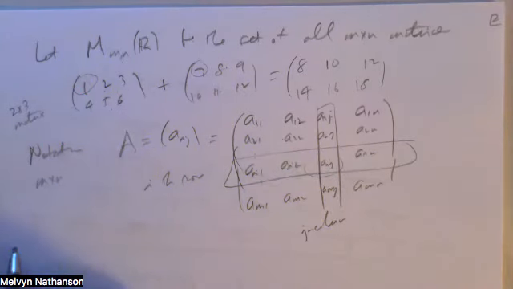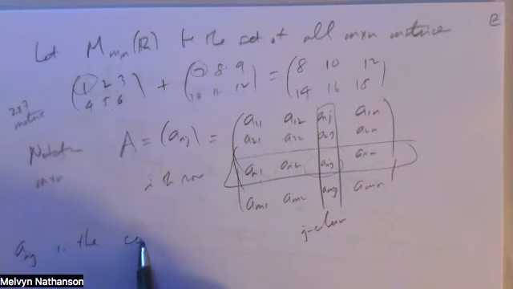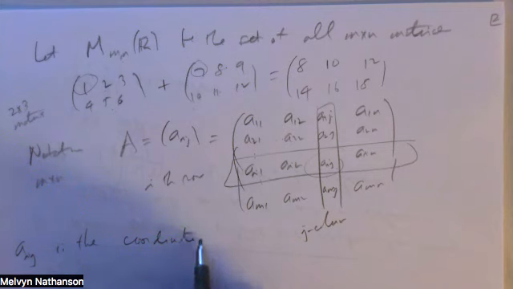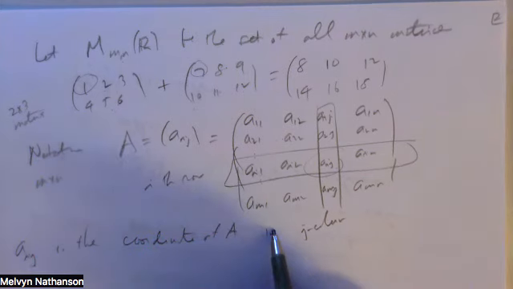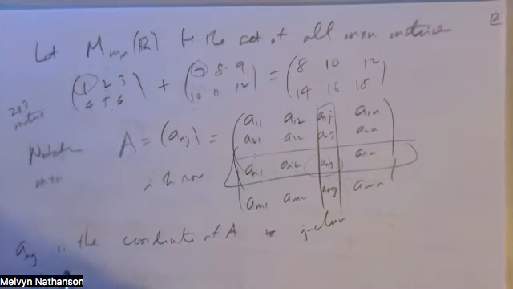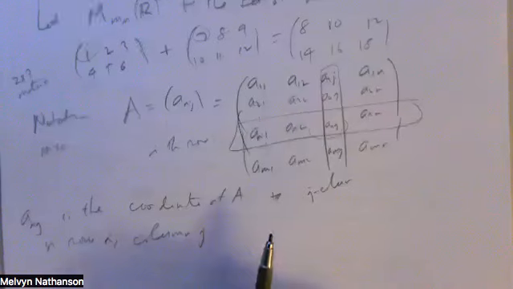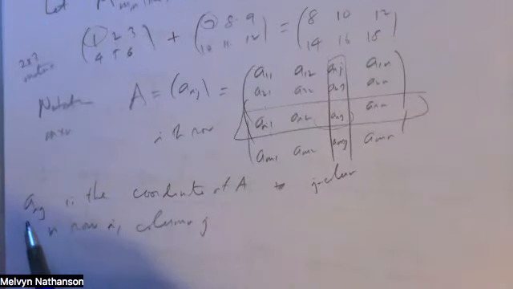So the standard notation, Aij is the coordinate of A in row i, column j. So when you see a matrix with entries and each coordinate has a double subscript i and j, i is telling you the number of the row and j is telling you the number of the column.